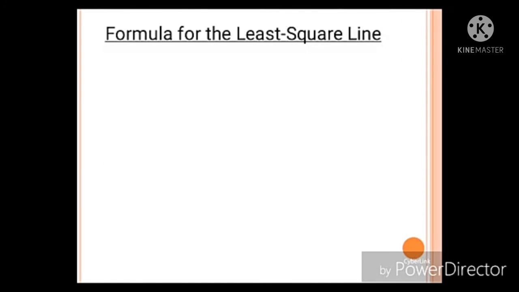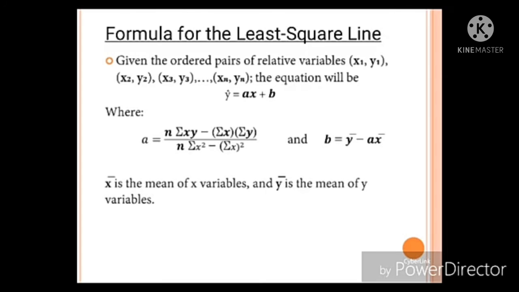Formula for the least square line. Given the ordered pairs of related variables x1 and y1, x2 and y2, x3 and y3, and so on, the equation will be y hat equals ax plus b, where a is equal to n times the sum of xy minus the sum of x multiplied by the sum of y over n times the sum of x squared minus the sum of x raised to 2, while b is equal to the sample mean of y minus a times the sample mean of x.